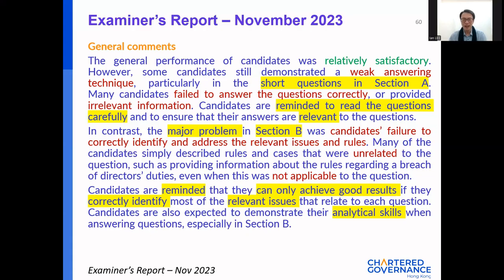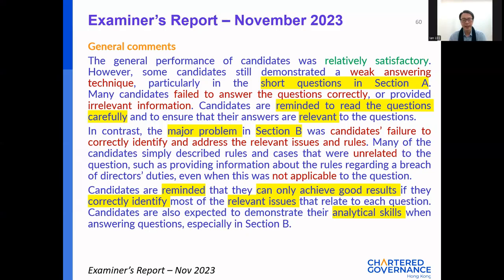Okay, so I think that happened in November 2023. If I recall correctly, one of the questions really was about director's duties, but the other ones were not. But saw some candidates for all of those questions talked about director's duties. So as part of your exam technique and strategy, you have to think, would the examiner examine the same topic, question after question after question?